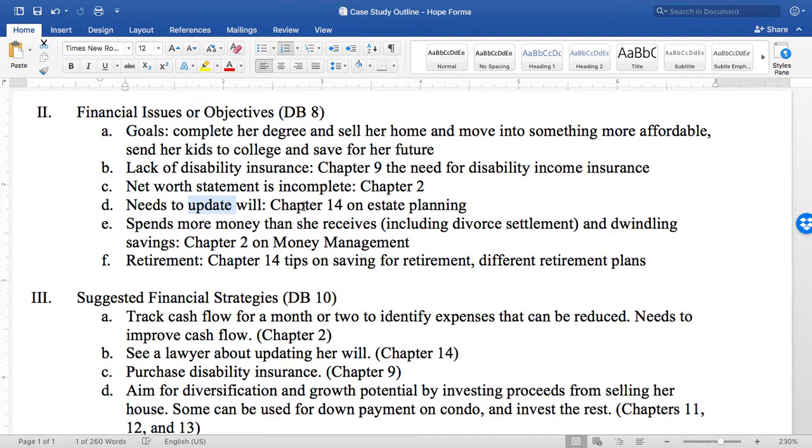So when you, in the report, write about the financial issues or objectives, it's not enough to just say she's missing something or needs to do something. We also need to understand why it's important to have these components in our financial planning. It reinforces our learning, but also reminds ourselves why we need to do it for us as well.